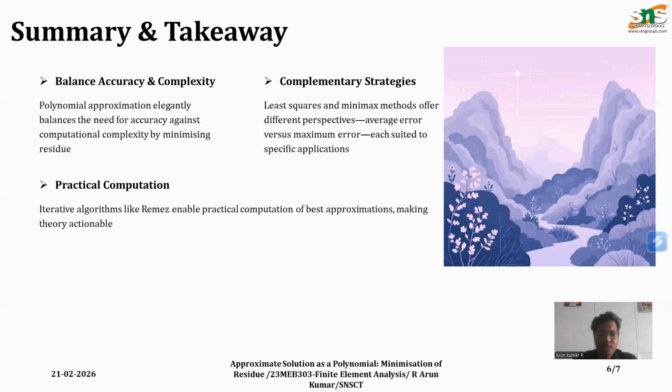Third, practical computation: iterative algorithms like Remez enable practical computation, making approximation theory actionable.